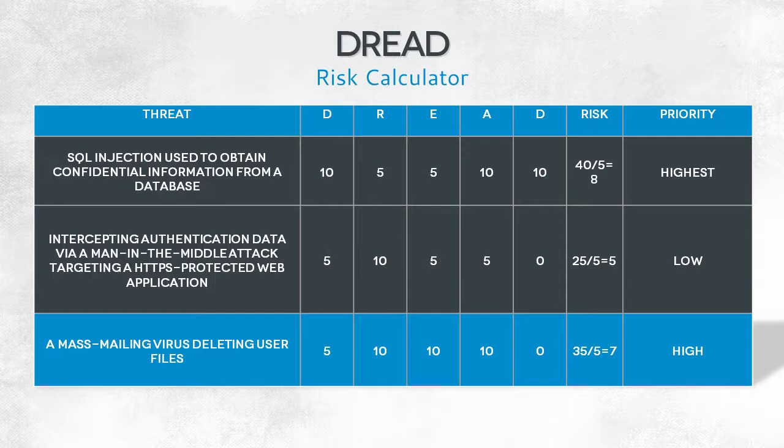One of the threats to our computer system comes from SQL injection, which could give the attacker access to confidential information in the database. It's a frequent attack, and many applications are susceptible to it. In our simulation, using the DREAD model, I assign this threat the highest level of risk and priority. Such an attack would be characterized by high exploitability.